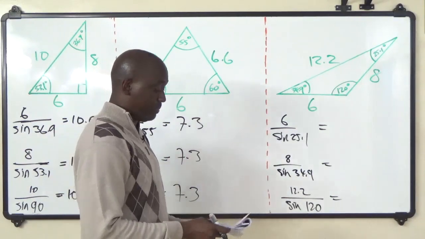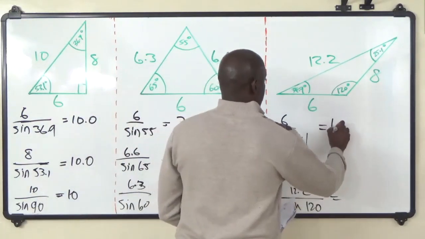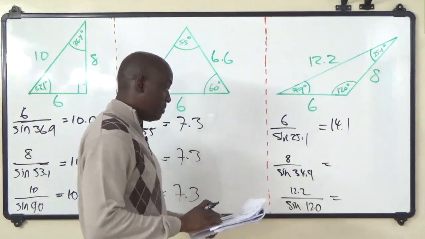Okay, so that is 14.1. We have to try and be honest here now, right?